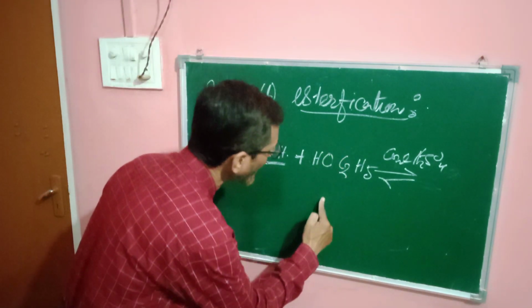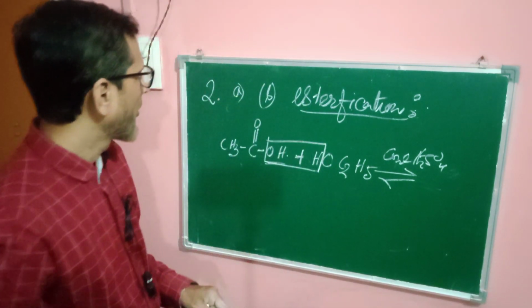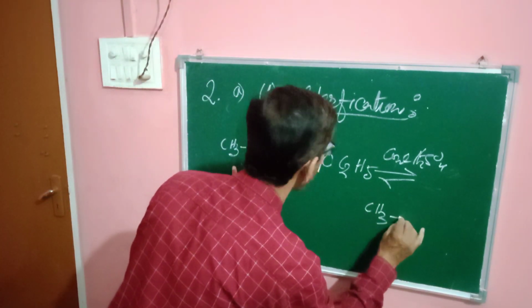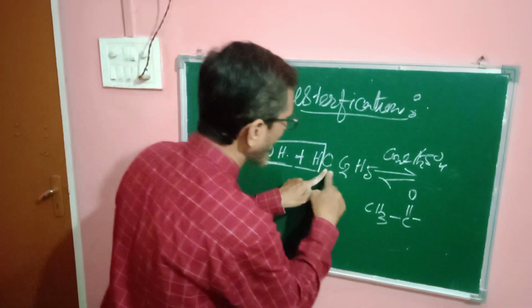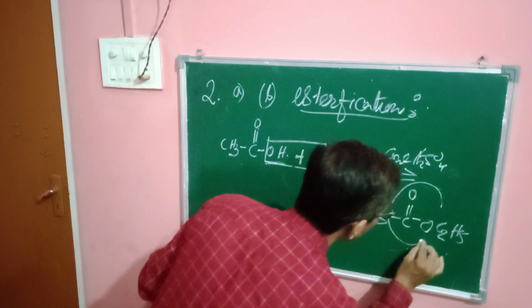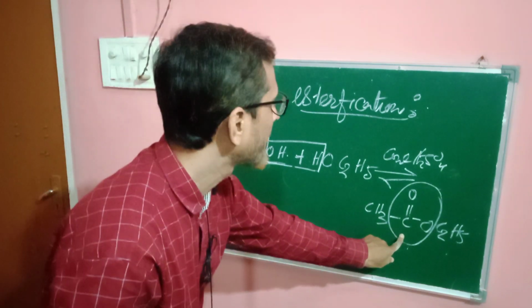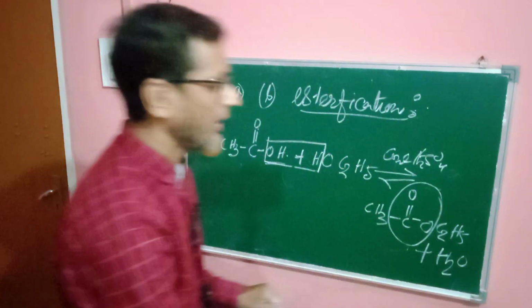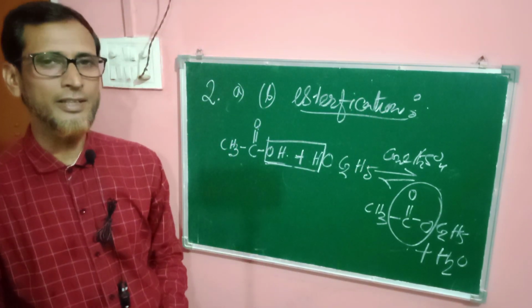Don't use this OH, you use this OH and this H. You eliminate this water molecule, and what you are getting is CH3 C double bond O, and here OC2H5. The introduction of C double bond O with OR, the ester group, in the final product along with water. Thus this process is called esterification.